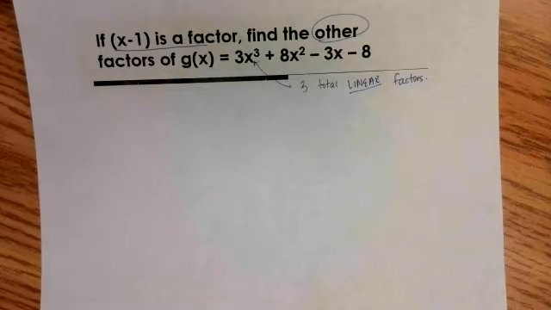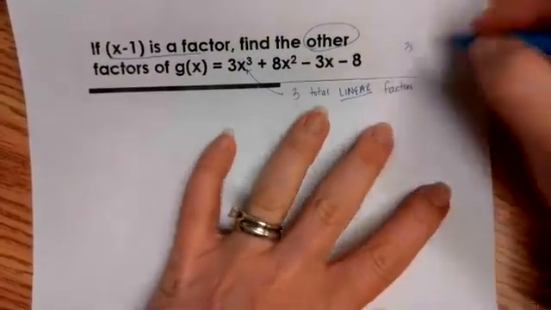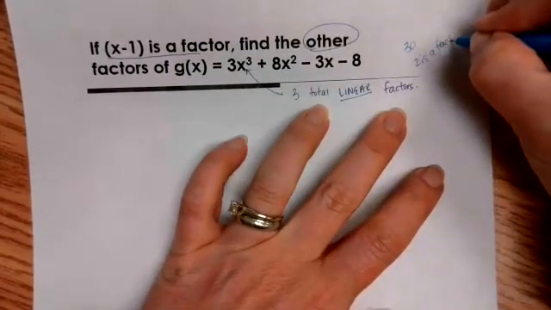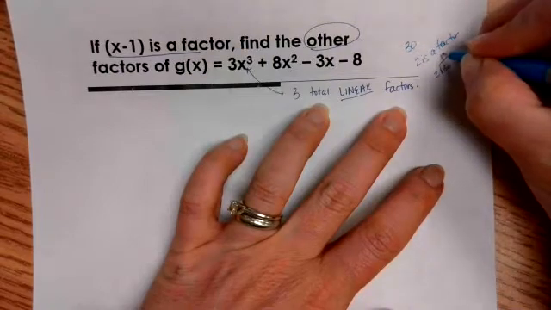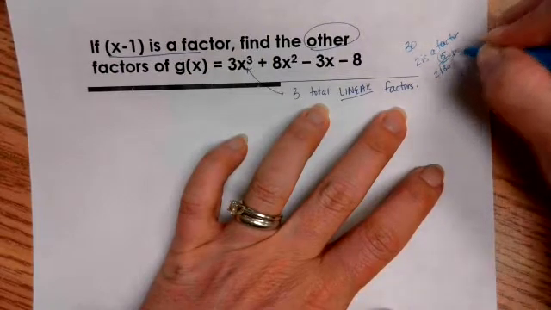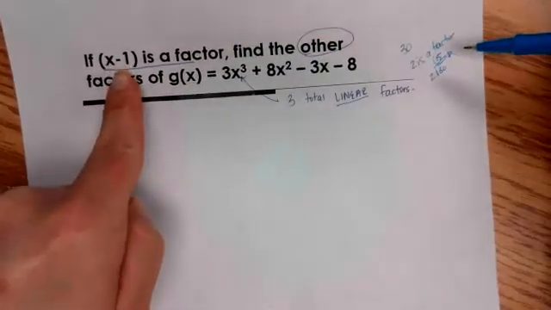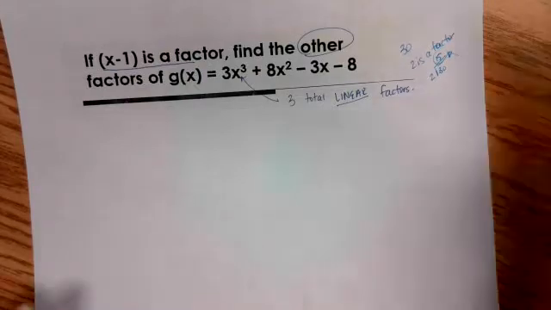So I'm going to do division. So kind of like I did with that number 30. If I knew that 2 is a factor and I wanted to find the other ones, then I said 2 into 30 is 15. And then I looked at 15 to find the rest of the factors. So I'm going to do division using this x minus 1 factor into this to get a smaller polynomial.